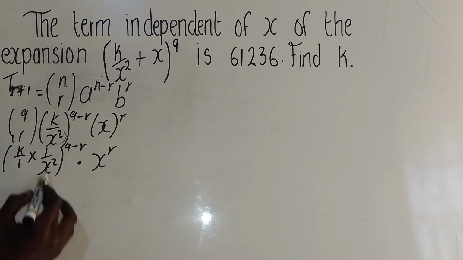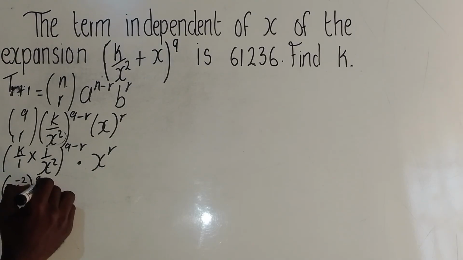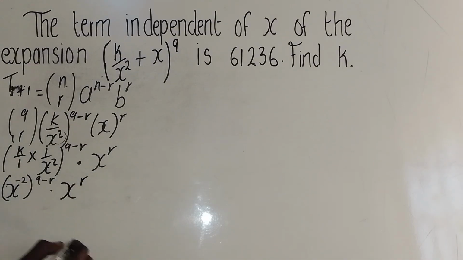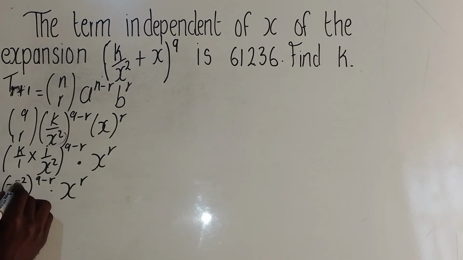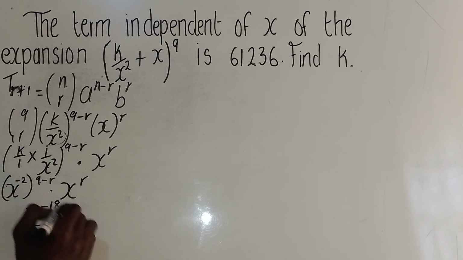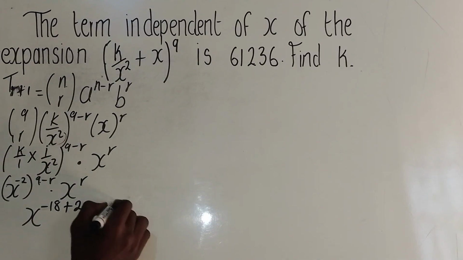When the x squared moves on top, it will be x squared negative, to the power 9 minus r, times x to the power r. So it will be x, negative 2 times 9 is negative 18, negative 2 times negative r is positive 2r, and then here there's a dot and then r like this.